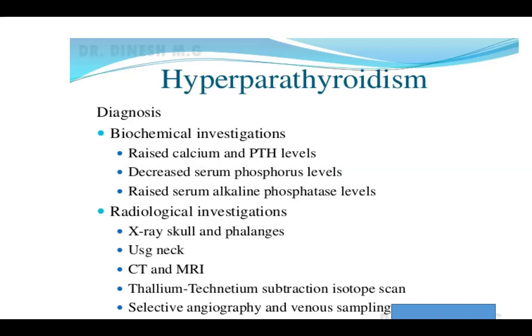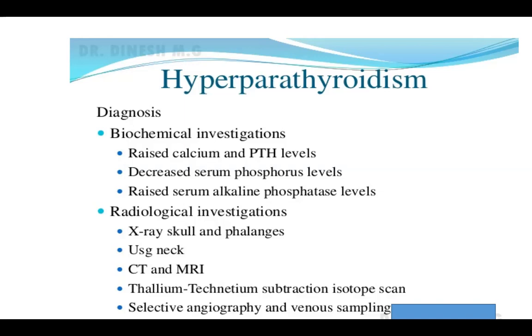And in the difficult cases, you can have a thallium technetium subtraction isotope scan, which is also called sestamibi scan. And it can actually help you localize the difficult parathyroid gland if it is not located at the normal anatomical position.